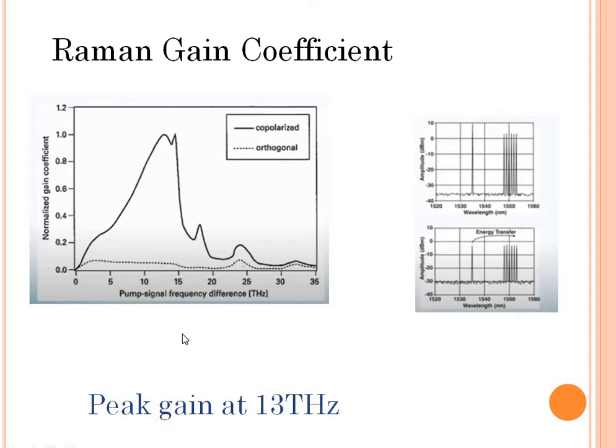We can see that the peak gain occurs when the frequency difference is between 10 terahertz to 15 terahertz. The top right of this picture shows a pump laser at 1535 nanometer, which has much higher power than the data signals. And the pump laser power is transferred to the signal power as shown here.